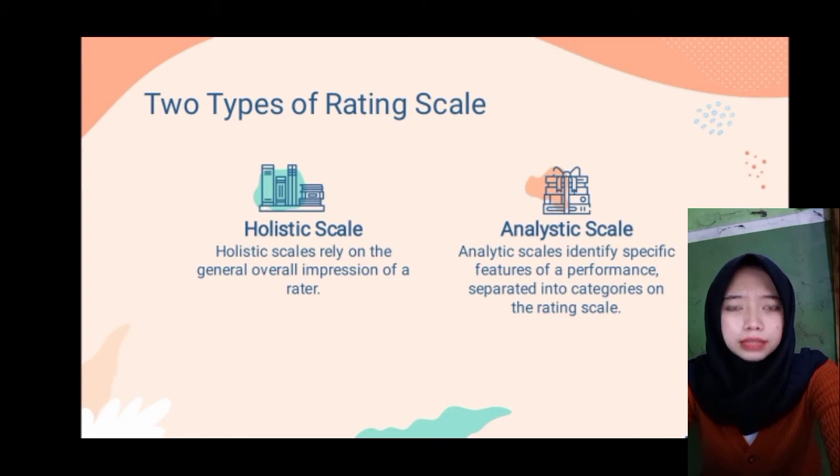For example, in an analytic scale that was designed to evaluate a student's performance in an oral interview, we might have categories for accuracy such as grammar, vocabulary, comprehensibility, and content.